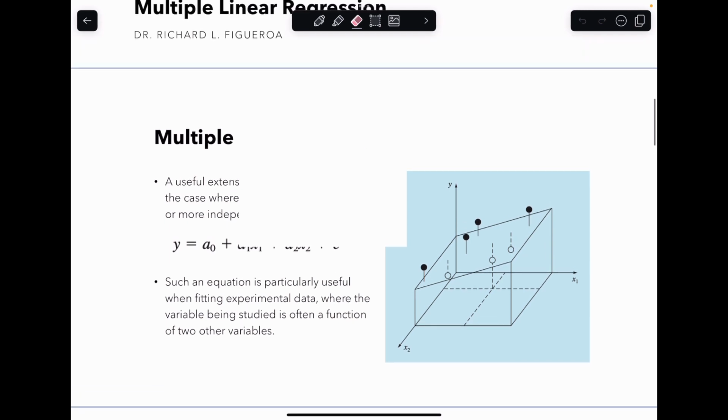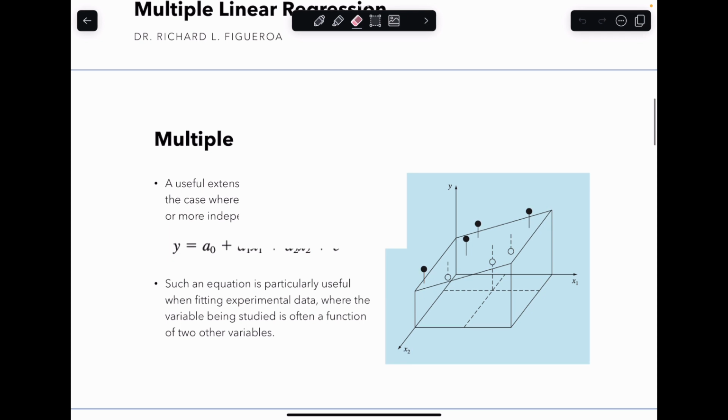If we are given multiple independent variables, we can represent that with linear regression. The equivalent for that, the best fit line, would be an equation of y equals a sub 0 plus a sub 1 times x sub 1, plus a sub 2 times x sub 2, plus the error, or the residual error.